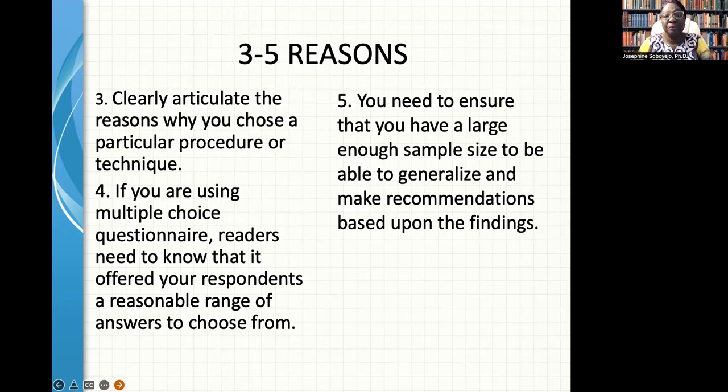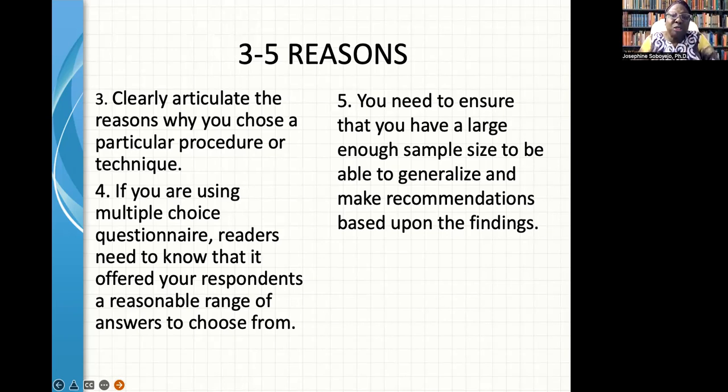Number 4, if you are using multiple choice questionnaire, I say questionnaire because there could be one questionnaire, no matter how many set of questions you put there, it's still a questionnaire because it could be multiple choice. And there could be questionnaires if you are using different types.